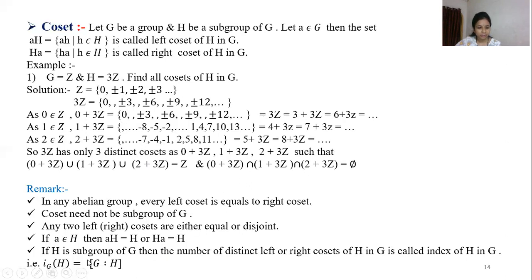And one important remark: if H is a subgroup of G, then the number of distinct left cosets or right cosets of H in G is called the index of H in G. It is denoted with this symbol, a square bracket, index of H in G. And if the group is finite, how to calculate this? Order of G divided by order of H.